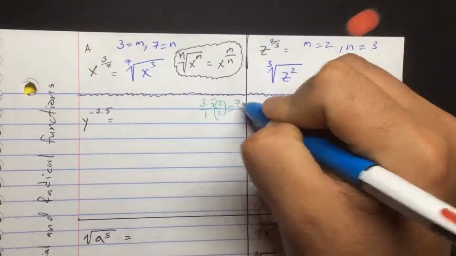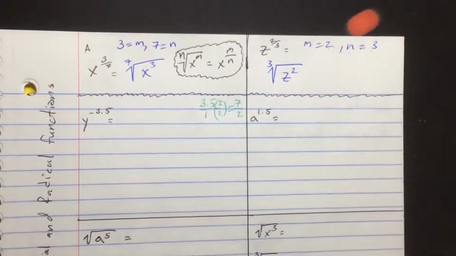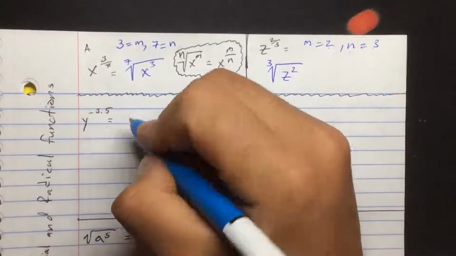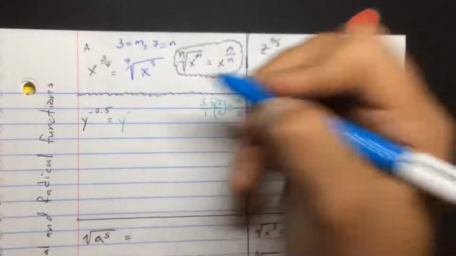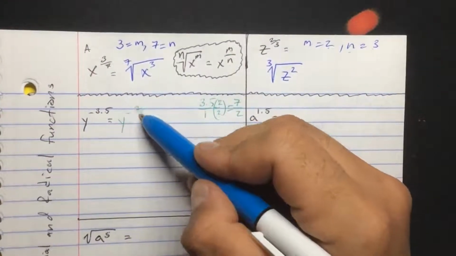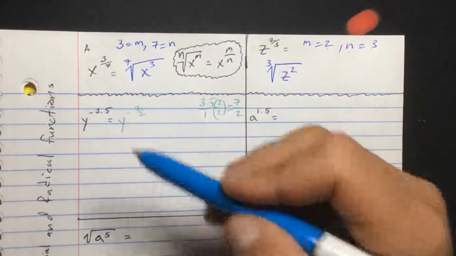So this is going to equal 7 over 2. So instead of y to the negative 3.5, we're going to have y to the negative 7 over 2, because this is a little bit easier to work with than a 0.5.